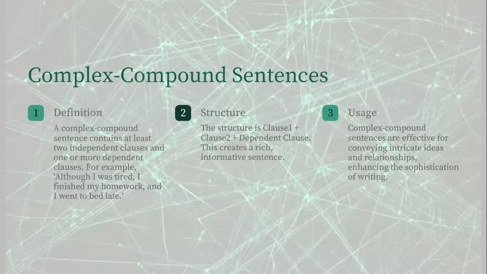So in order to use sentences effectively, it is necessary that you have a very clear understanding of what these sentence structures are, how they are going to be used, and how they are going to convey an effect or an impact through your composition.